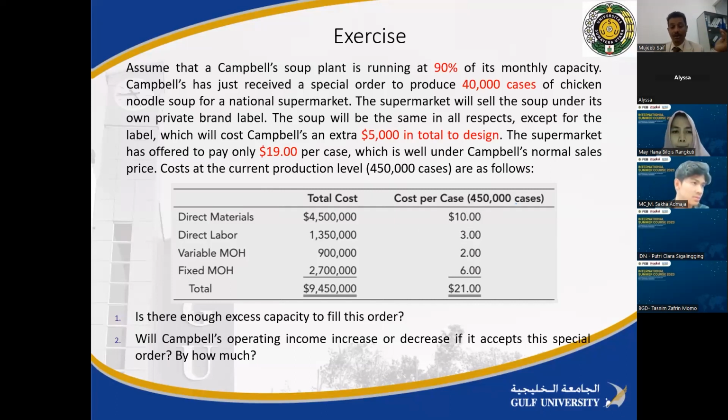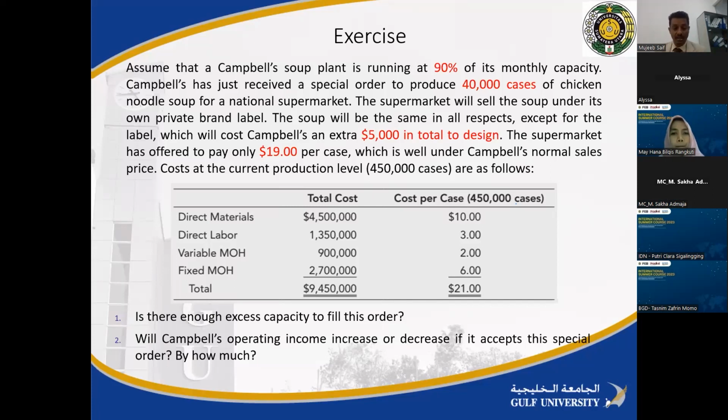Let's see how this managerial accountant will provide us a report. As I told you, there are two ways. One way is to prepare operating income in the current position and operating income if we accept the order, to see how much our income will be in total for our normal product and overall.